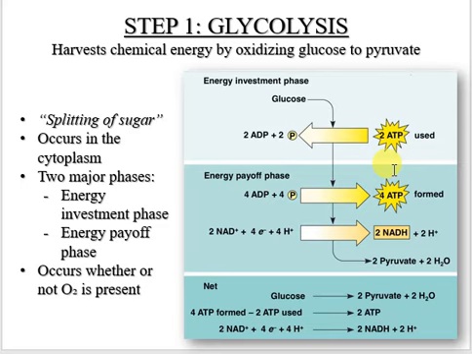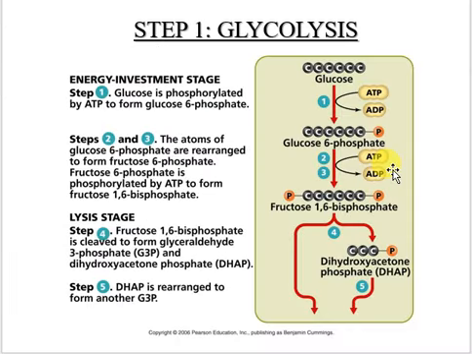Now, as I was trying to jump into before, there are two major phases, per se, of glycolysis. We break it into two components or parts. The first is an energy investment phase, and the second is an energy payoff phase. So the first phase is this energy investment phase.